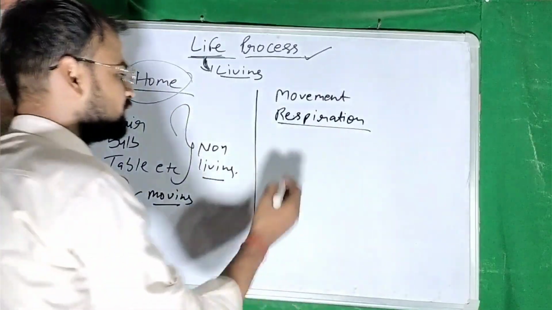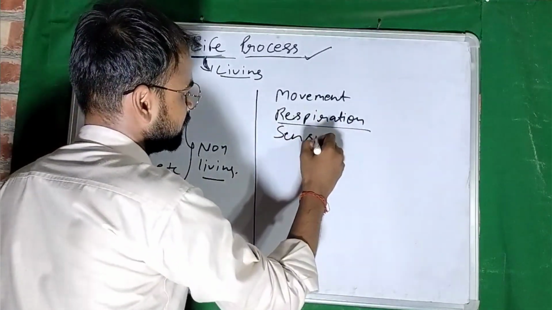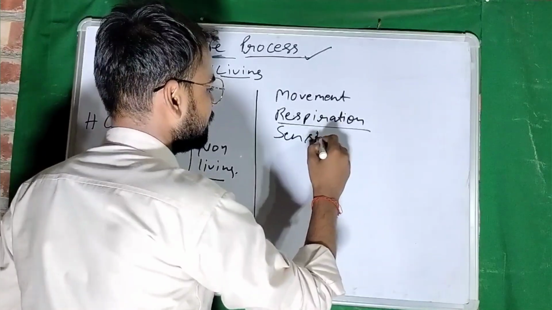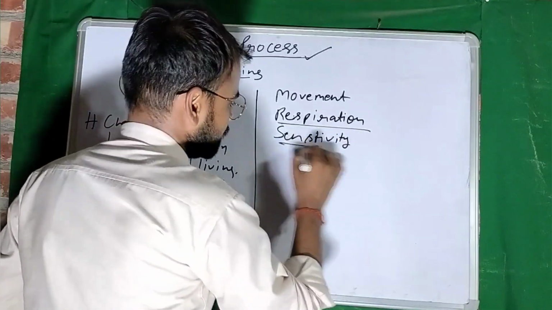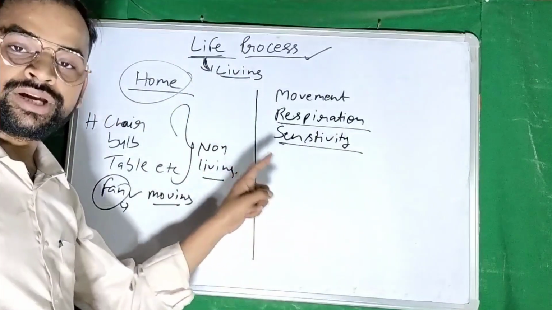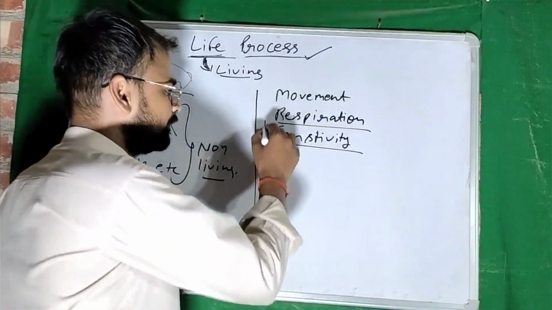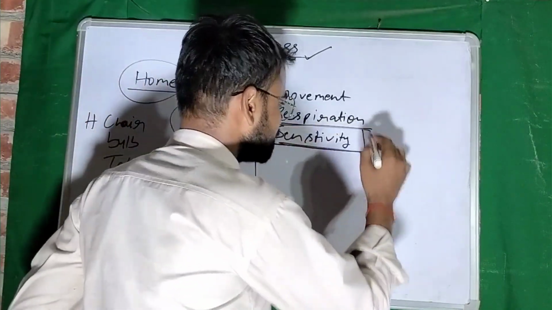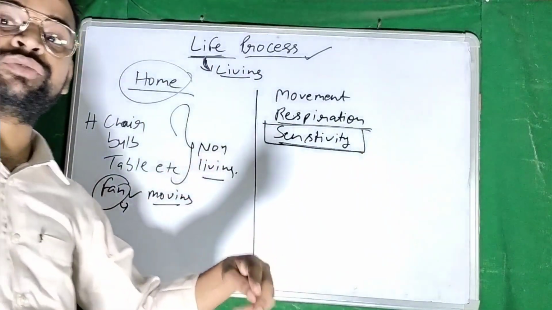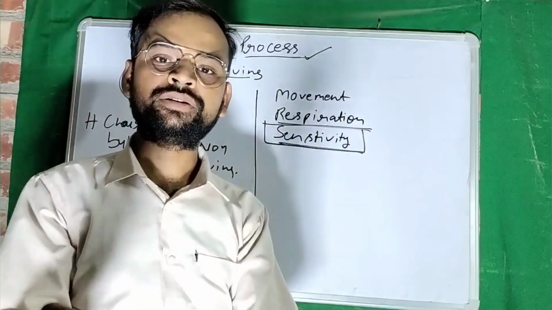Then the next one is sensitivity. It is also a defining characteristic of living organisms. Why? What is sensitivity? Suppose I am speaking and you are listening and responding to my words.